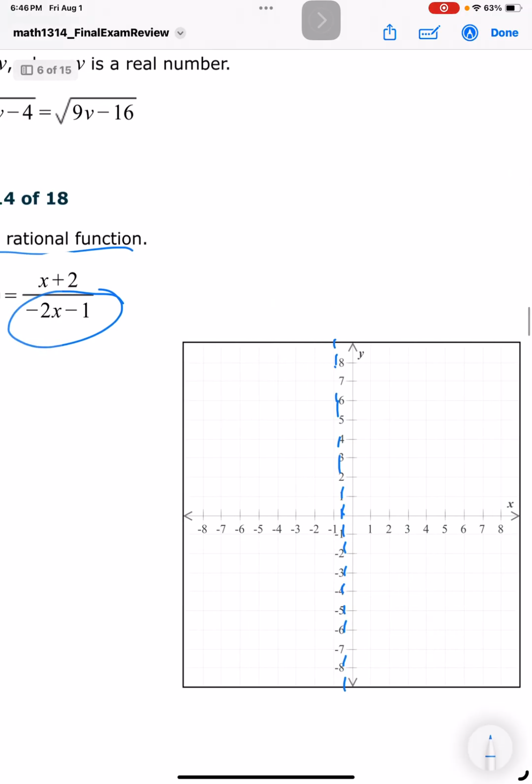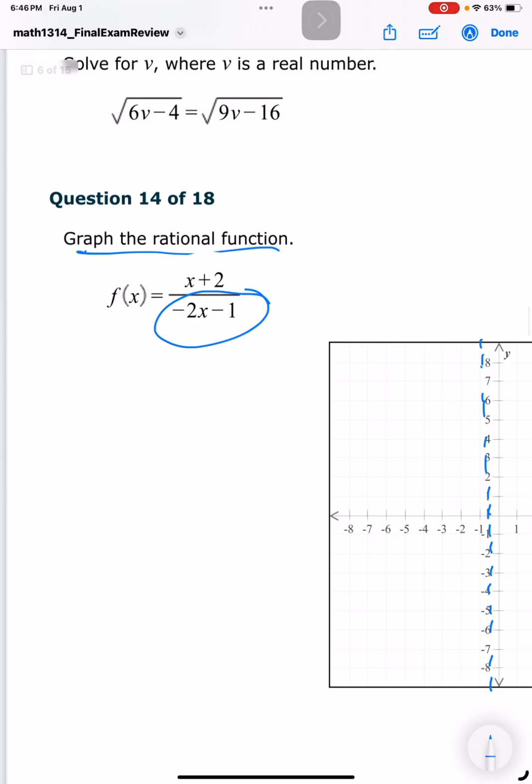And we're going to do the exact same thing with horizontal asymptotes, but for horizontal asymptotes, let me switch to red. We have to look at the degrees of our numerator and denominator, and since our degrees are the same, we just have to look at the numerical coefficients in front here to determine what our horizontal asymptote would be.